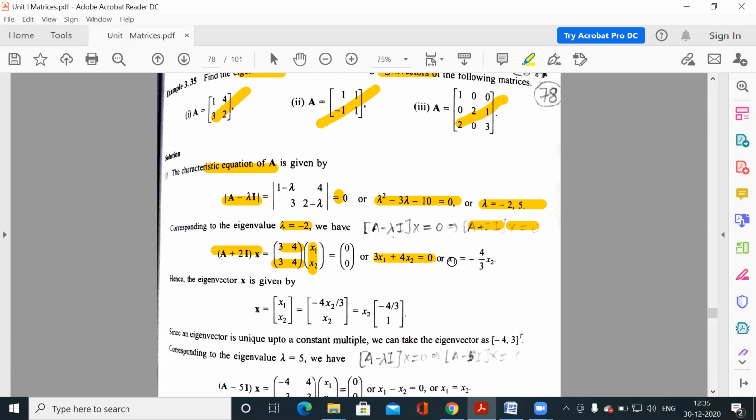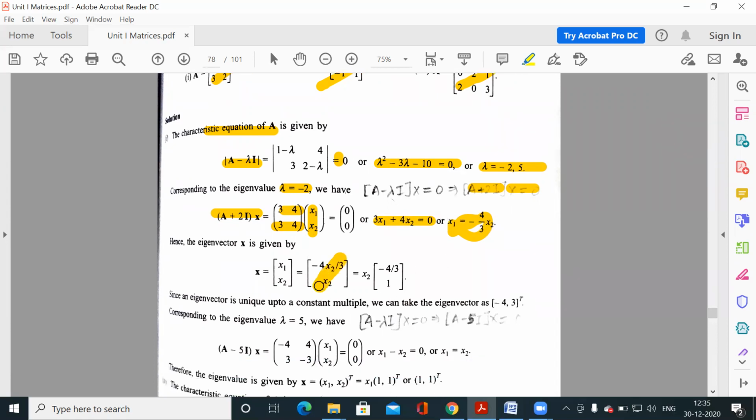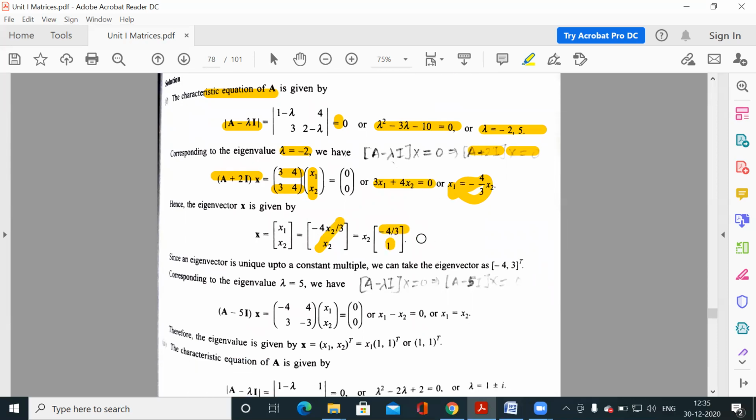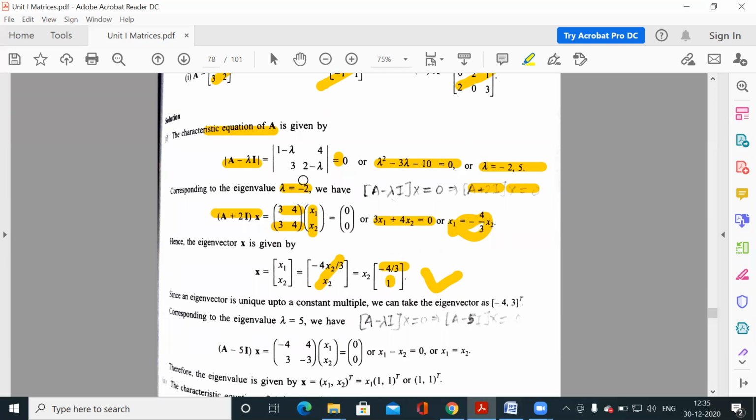So x1 is minus 4 by 3 x2. Because one variable is independent, you take x2 as k, so x1 is minus 4 by 3 into k. They have done the same thing: they have taken x2 as 1 because this is independent. If x2 is 1, then x1 is minus 4 by 3 into 1. So this is your eigenvector corresponding to minus 2.